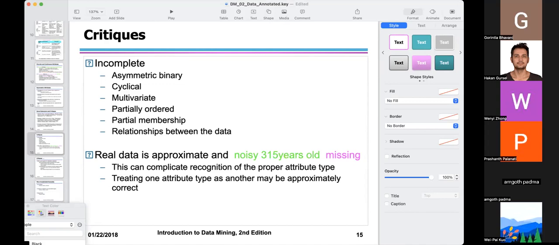So this is called noise. So the data could have incorrect information in addition to having missing information. So we would need to clean that up before we start the analysis. This can complicate recognition of the proper attribute type. And it could be correct or approximately correct.